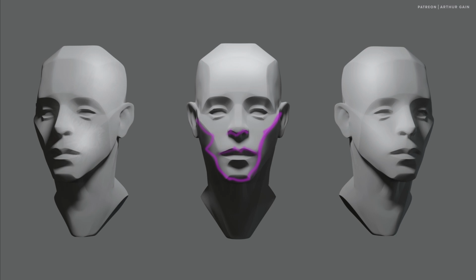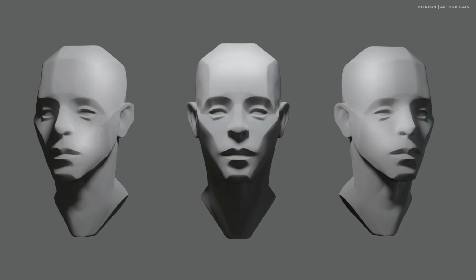So if you have a simplified design, it will be easier for you to quickly find the core shadow and to start working with it.